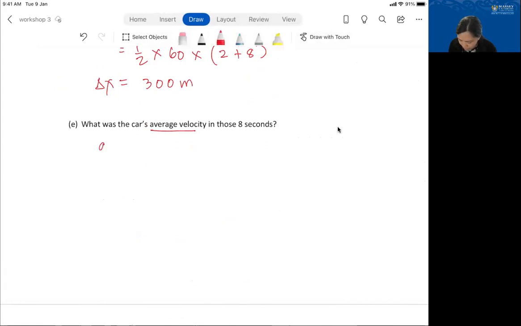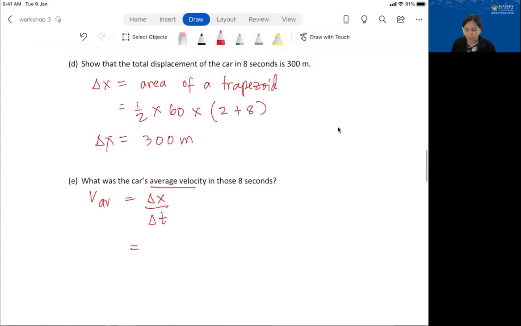From the definition, average velocity, or VAV, is equal to displacement over time. The displacement for the entire trip was calculated in the previous question, 300 meters, divided by the time of the entire trip, which is 8 seconds. That should give you 37.5 meters per second for the average velocity.